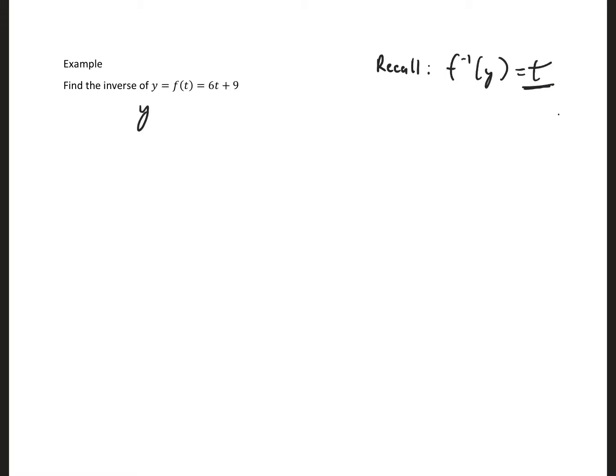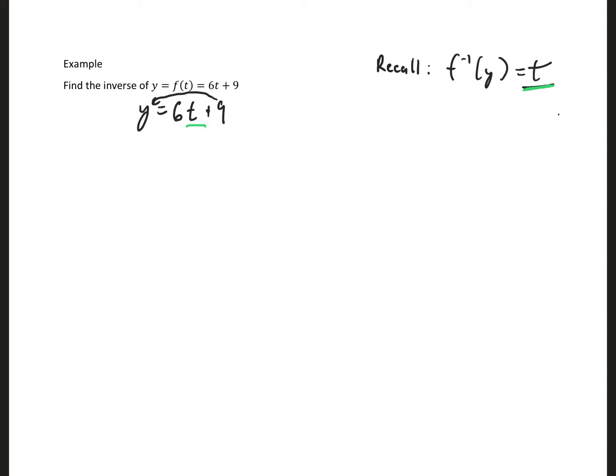So let's solve the equation. We don't need f of t because we're going to use inverse notation. So let's solve y equals 6t plus 9 for t. And again, the reason we're doing that is t is the inverse. T equals the inverse. So if I want to solve this for t, we need to get everything on the opposite side of the equals except for t.